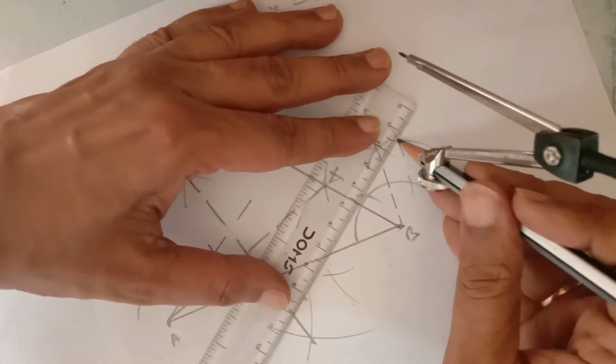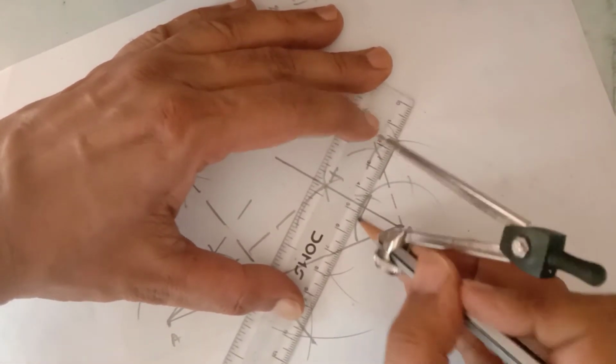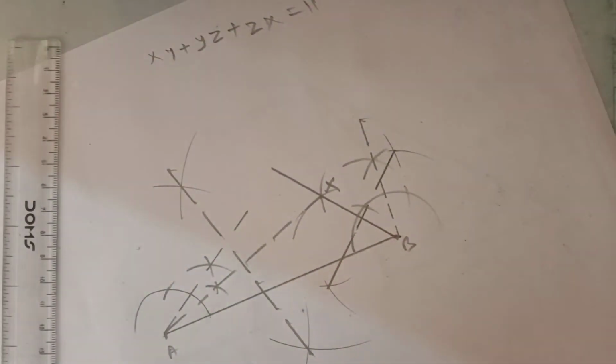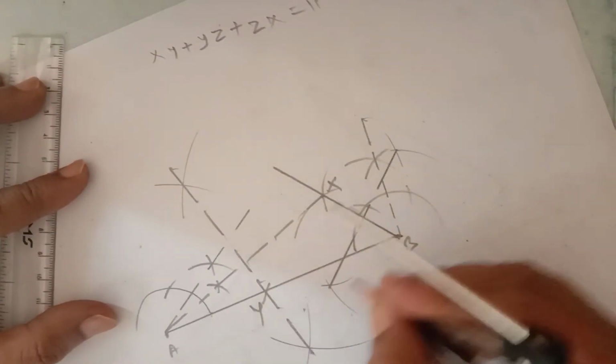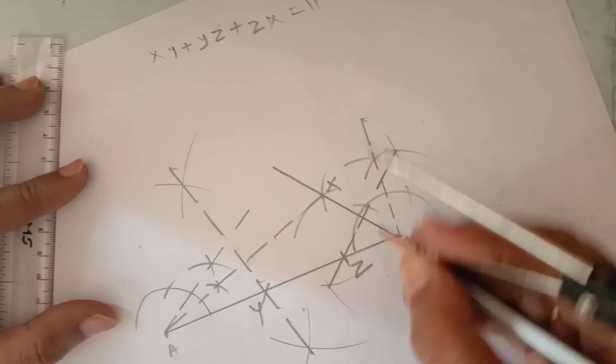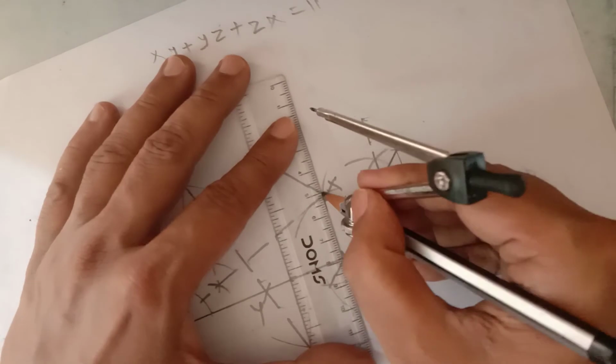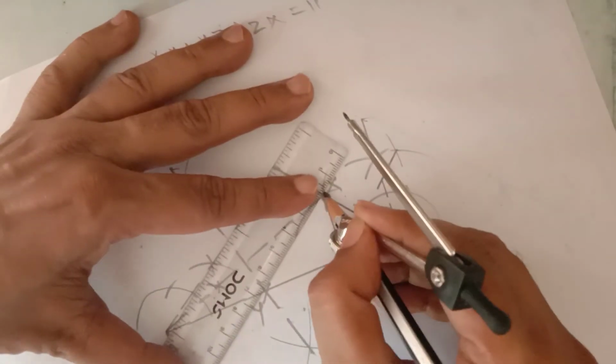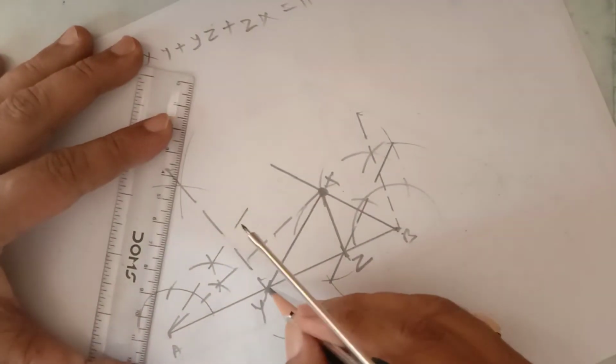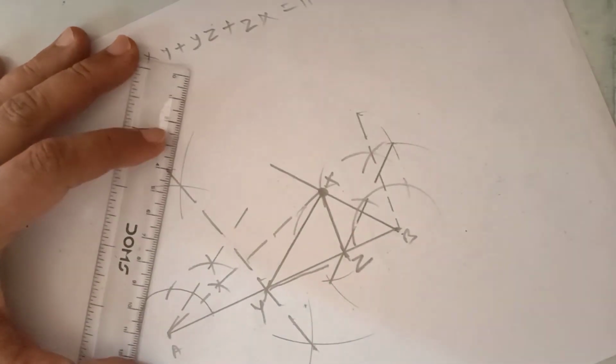So this is the perpendicular bisector of this. They are intersecting here at this will be Y, this will be Z, and this is the point X. So join with this, and this will be the required triangle.